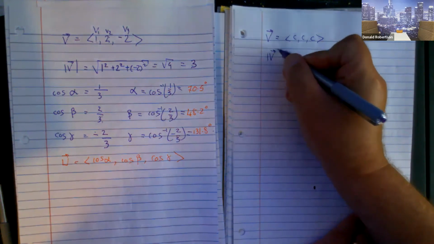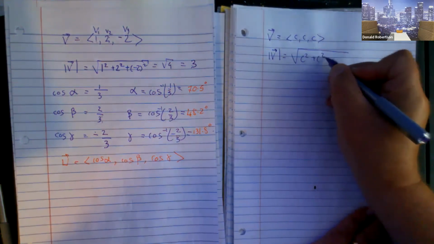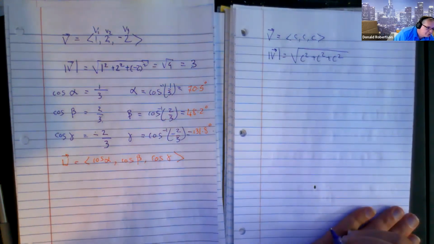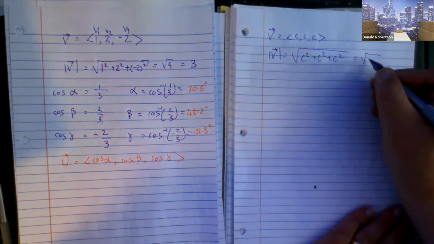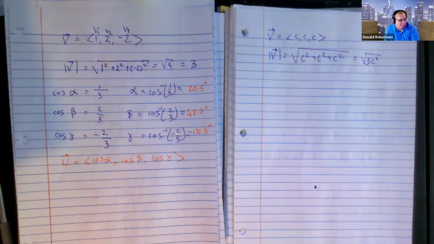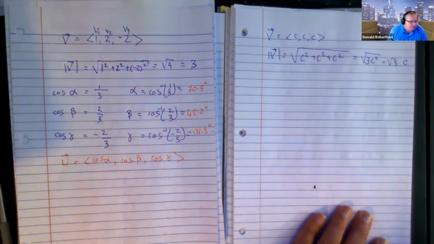The magnitude of V is going to be the square root of these guys, C squared plus C squared plus C squared. And isn't that going to be the square root of 3C squared? Are you with me? Wait a minute. Can I not simplify that down as the square root of 3 times C?